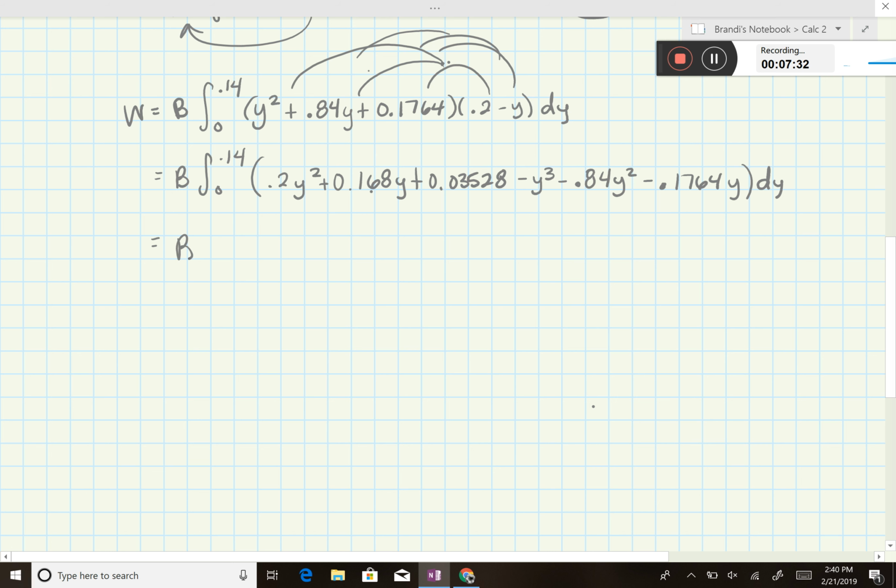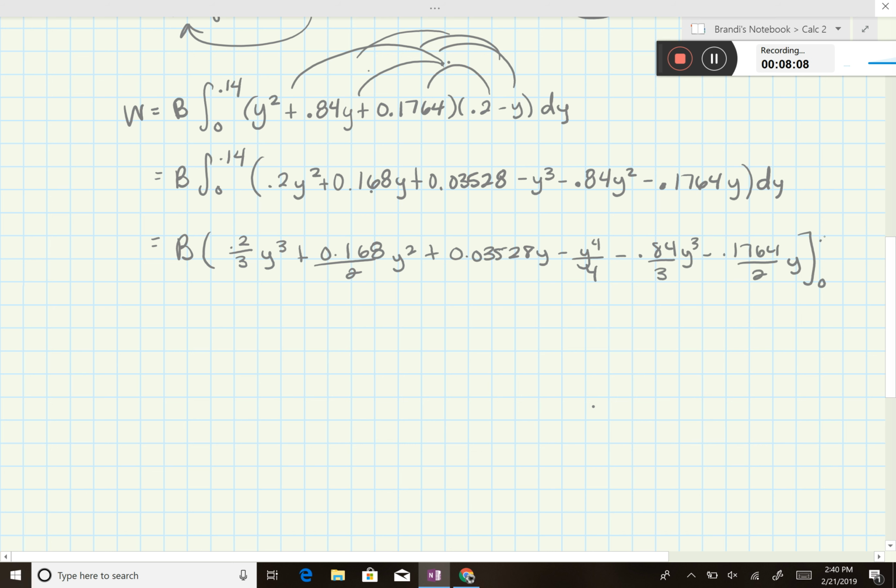Okay, so that would give me B times 0.2 divided by 3 y cubed plus 0.168 divided by 2 y squared plus 0.03528 y minus y to the 4th over 4 minus 0.84 y cubed divided by 3 minus 0.1764 divided by 2 y, all evaluated from 0 to 0.14.